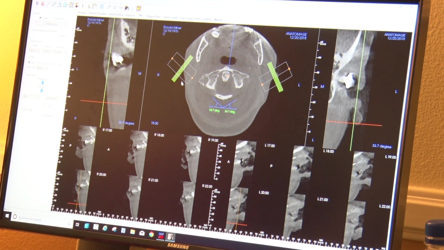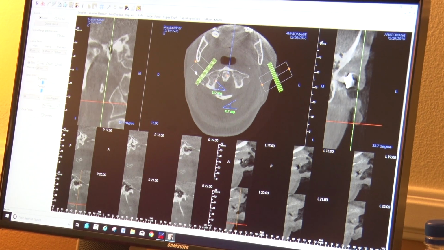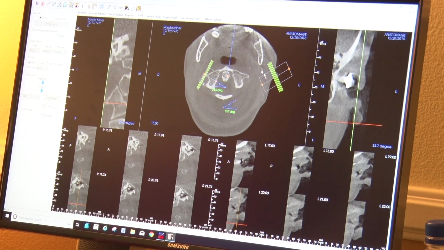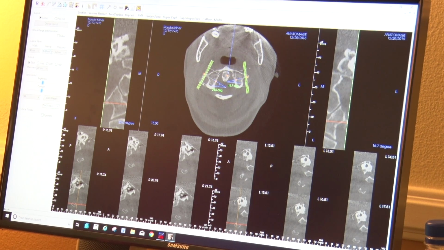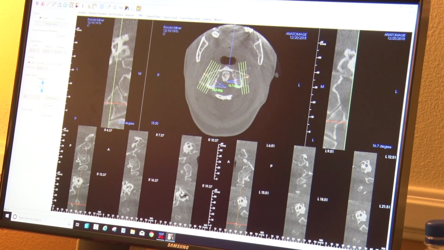These angles are all very important because the adjustment is made specifically for each person, and that adjustment is based on what their angles are, what the shape of their skull is, and so all this information is vitally important. There are only a few people in the world that are using this technology to analyze the cervical spine, and most of those people are, like myself, Blair upper cervical chiropractors.